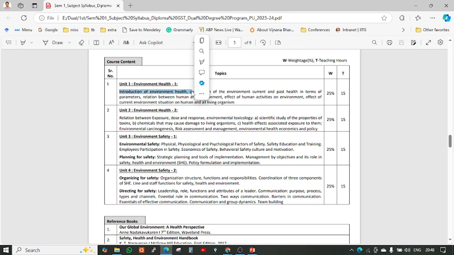Then comparison of the environment, current and past health in terms of parameters, we have to discuss. Then relation between human and environment, effect of human activities on the environment, and effect of the current environment on human living organisms. We will go to the relation between human and environment in the next class, and what the different health parameters are.